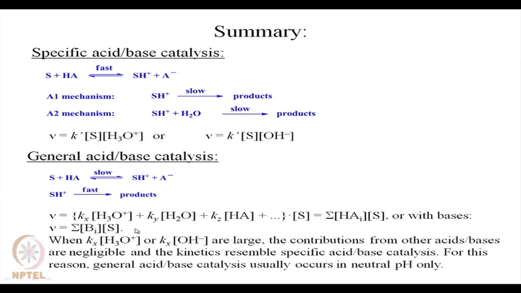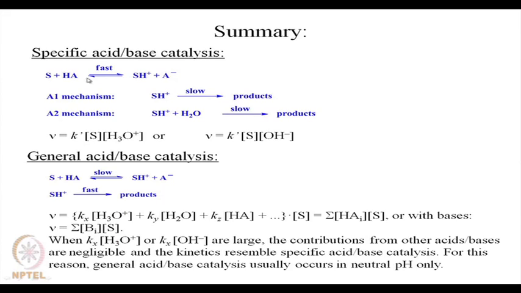Next, summary. Specific acid base catalysis. You see here S plus HA is a fast equilibration, giving SH plus and A minus. So the mechanism is the A1 mechanism, that is a unimolecular mechanism, SH plus slowly giving rise to products, or a bimolecular mechanism, SH plus water to products, which is a slow process.